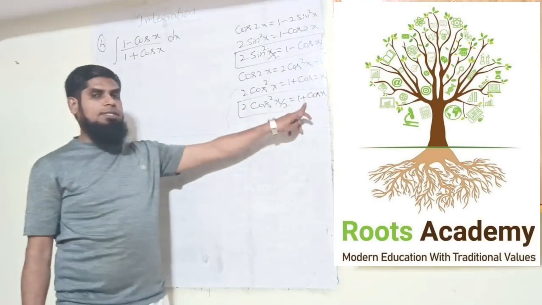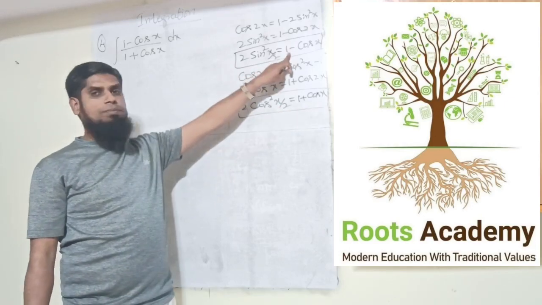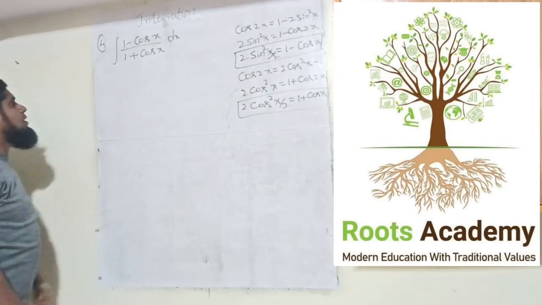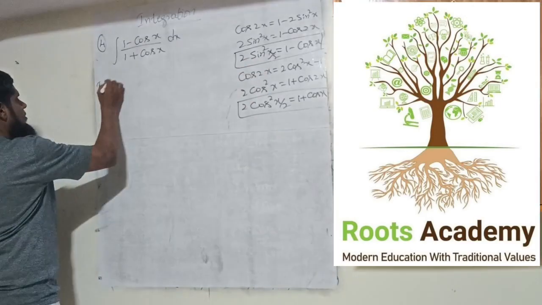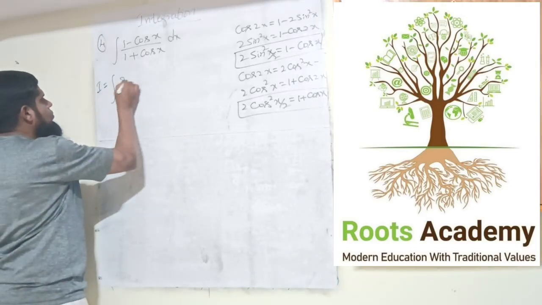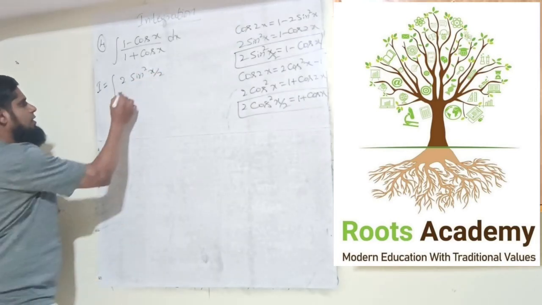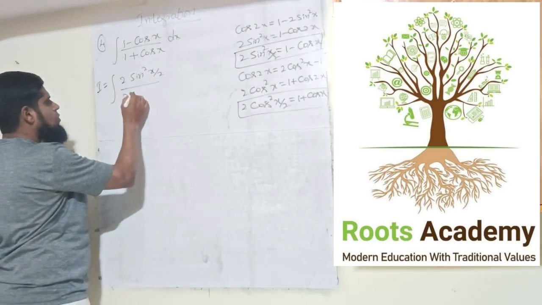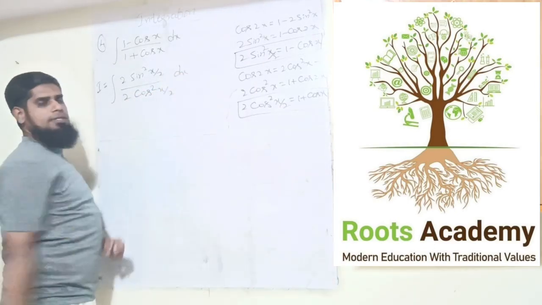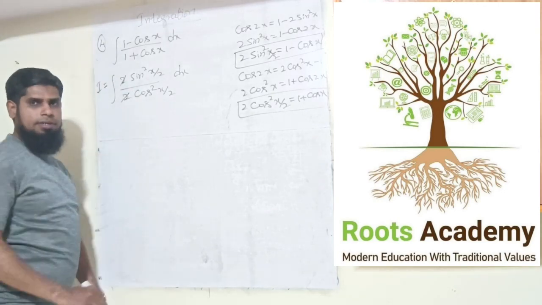So for 1 plus cos x, my denominator is 2 cos square x by 2, and my numerator 1 minus cos x is 2 sin square x by 2. Let us substitute here. So the integral is equals to 2 sin square x by 2 divided by 2 cos square x by 2 dx. 2 and 2 get cancelled here.